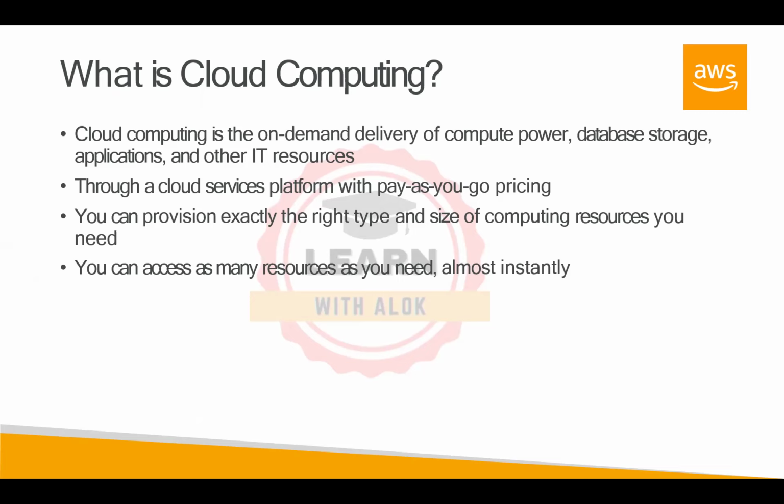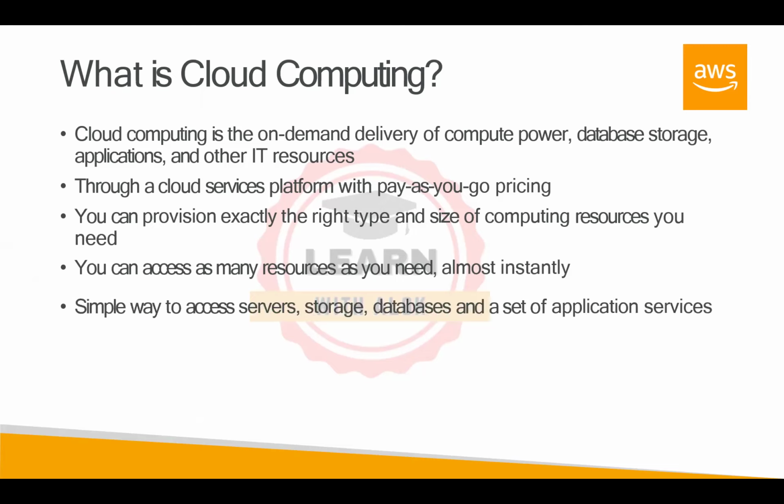I am telling you guys this theoretically for now, but we will see these live on the console of AWS. So don't worry, right now we are covering the theory part, but we will do the live practical as well. The next is a simple way to access servers, storage, databases, and a set of application services.